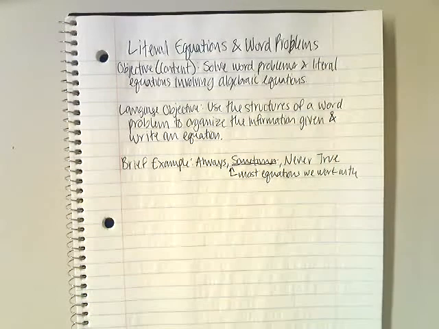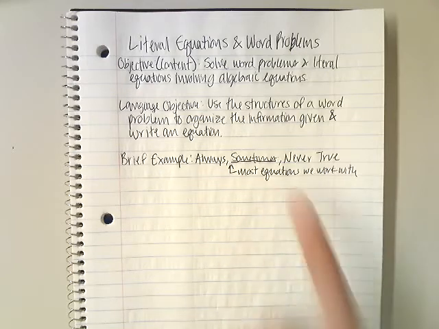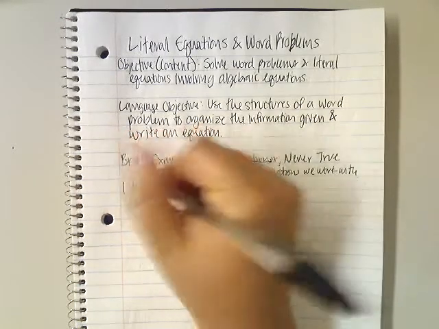Those are equations with one or more solutions, but a limited number. So they're not always true. There might be more than one possible solution, but not an infinite number, but there are some that work. So we're going to do a couple quick examples.